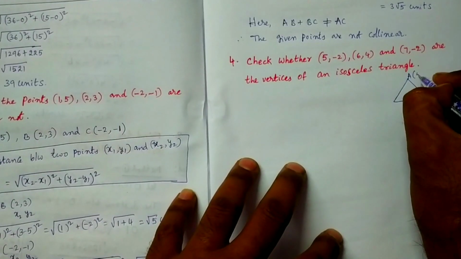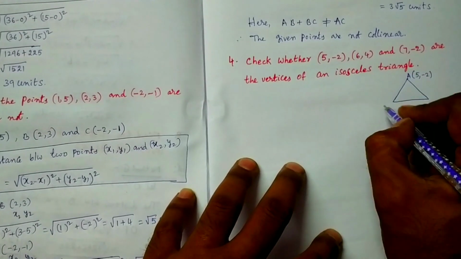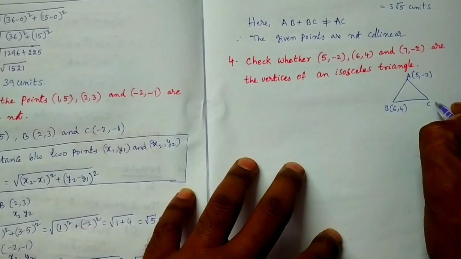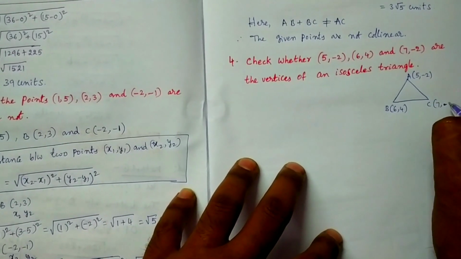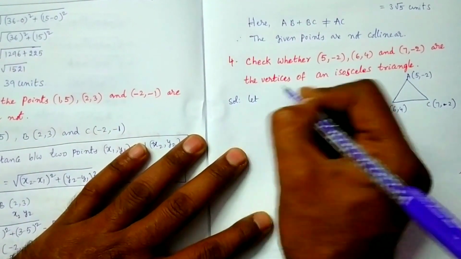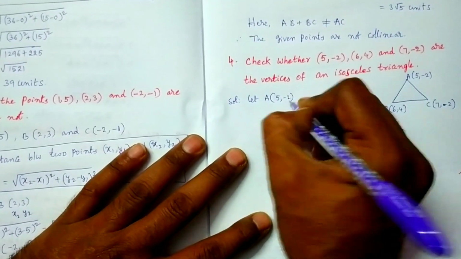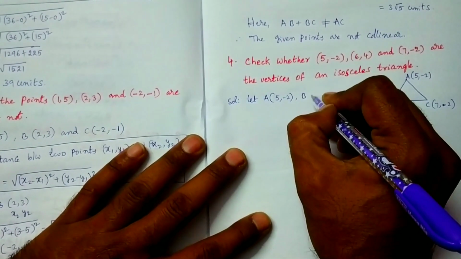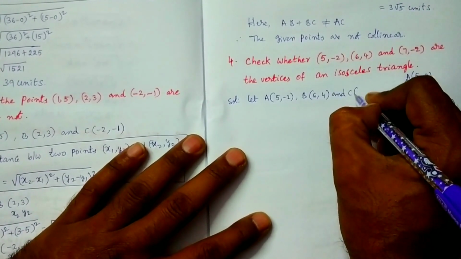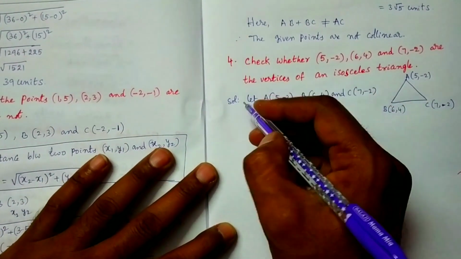A 5 comma minus 2, B 6 comma 4, and C 7 comma minus 2. Solution. Let A 5 comma minus 2, B 6 comma 4, and C 7 comma minus 2 be the vertices of a triangle ABC.